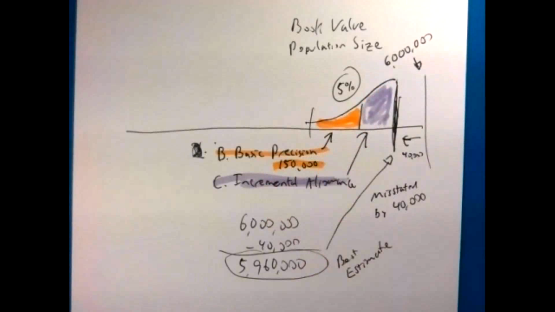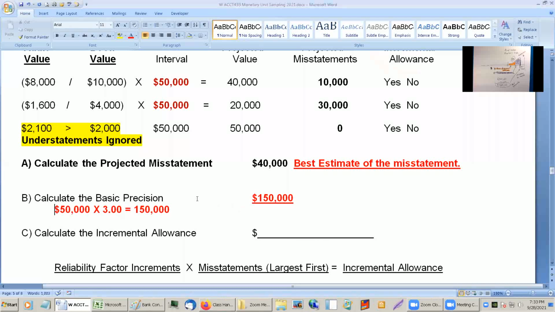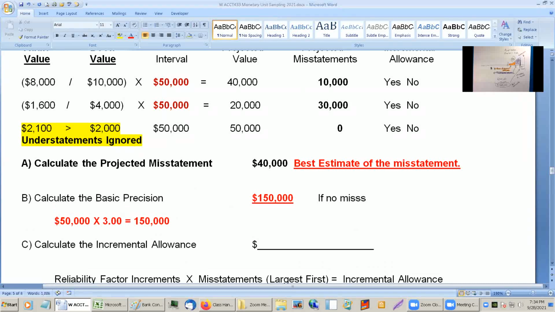Well, basic precision is, it's love. That's what basic, no, it's not. Basic precision is, if no errors were found, the counts may still be misstated because this is a sample. I should say not errors, misstatements. That the books might still be misstated.